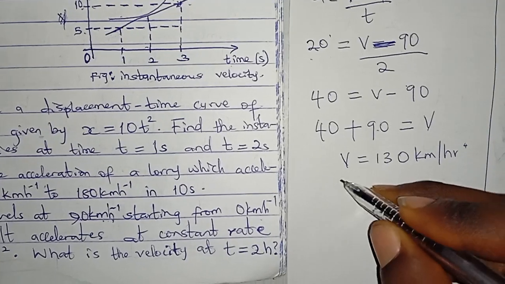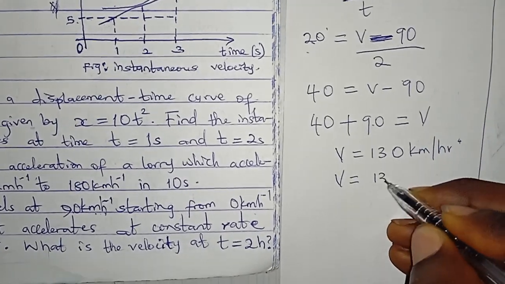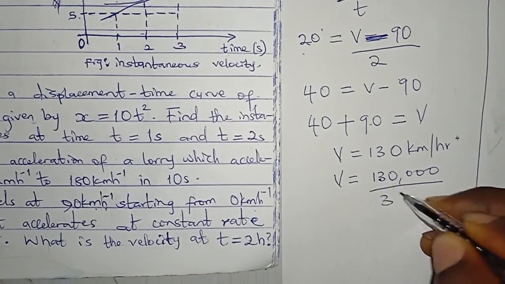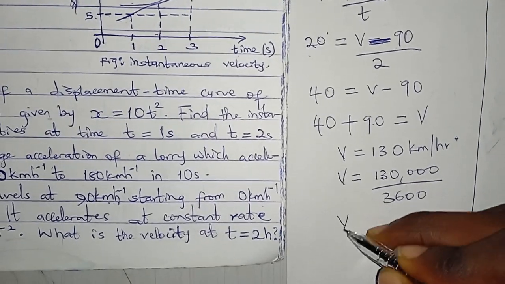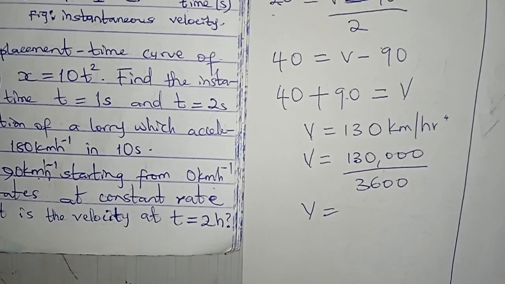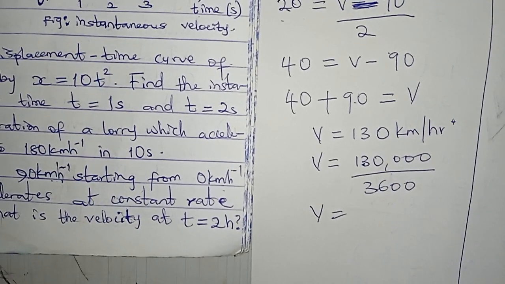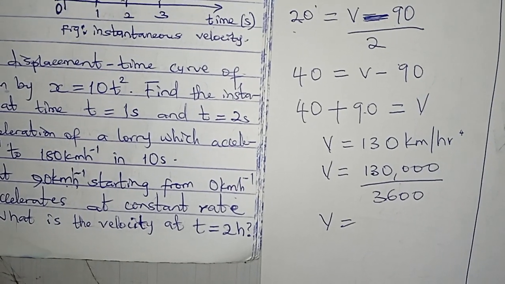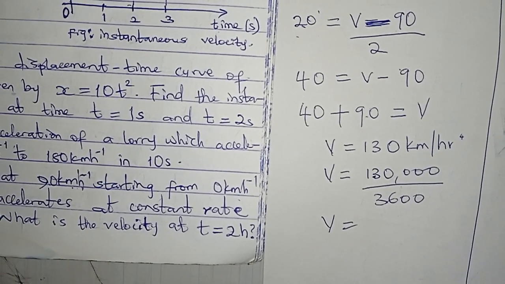And this is the same as saying V is equal to 130,000 all over 3,600. So let's check it. 130,000 divided by 3,600.